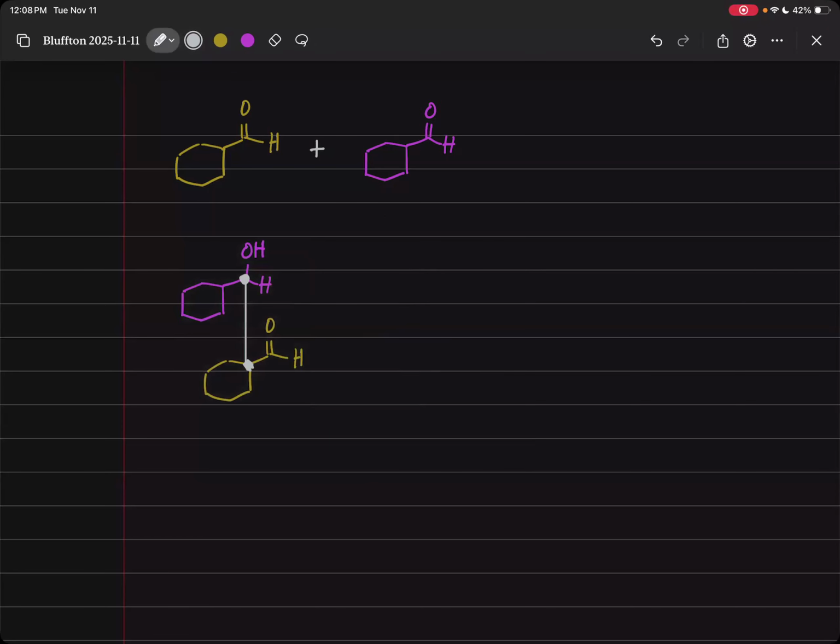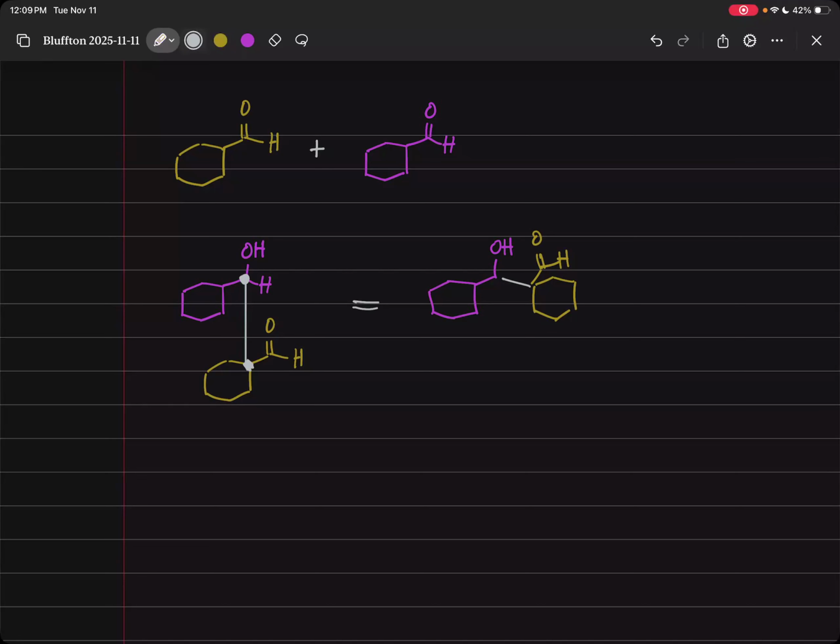It can stay ugly because it's the correct molecule. That's okay.